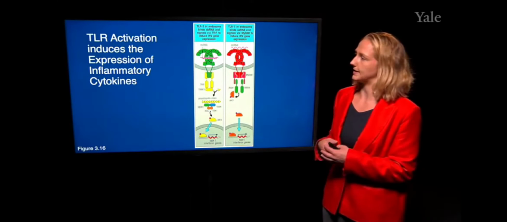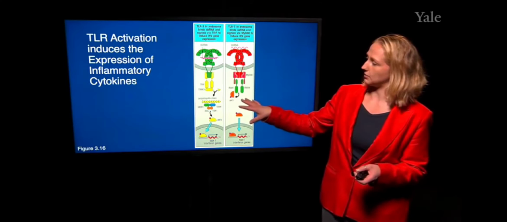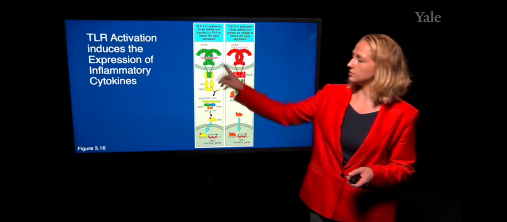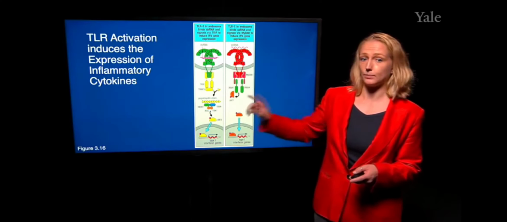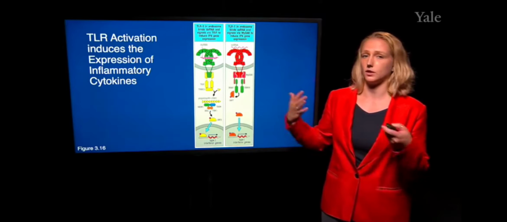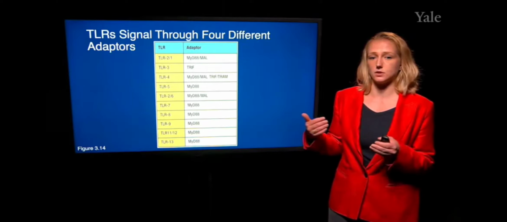But what's critical to remember, and what I want you to take away from here, is again you see this protein MyD88 here, and you see a new protein TRIF here. So these proteins that I've pointed out, TRIF and MyD88, are different adapters that TLRs use in order to signal.